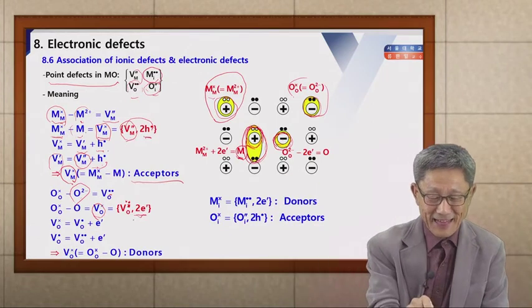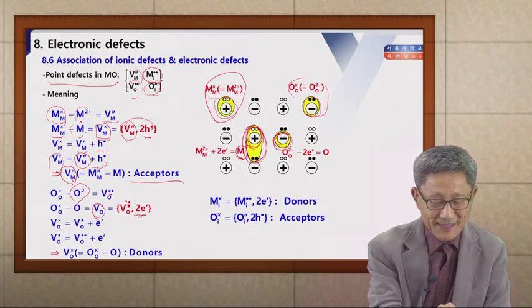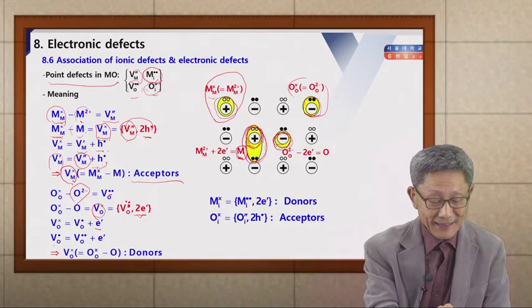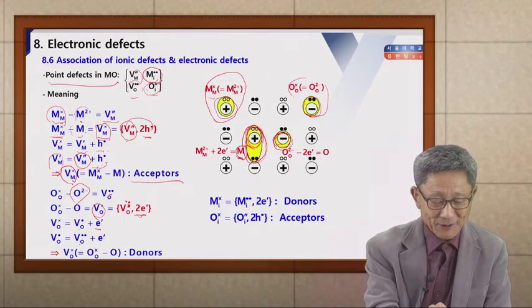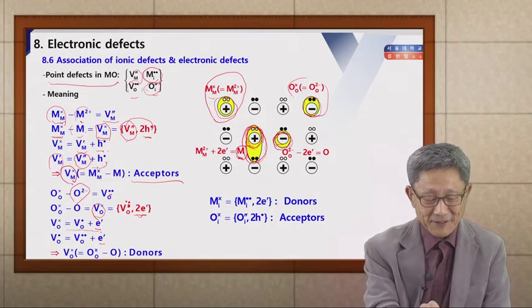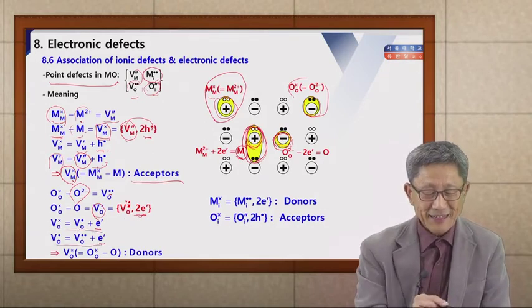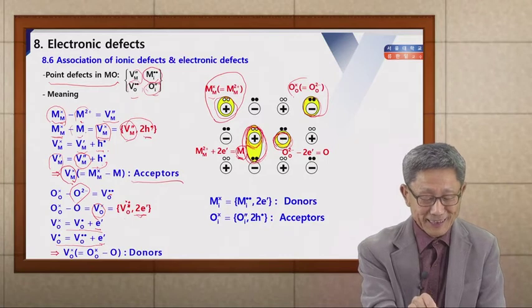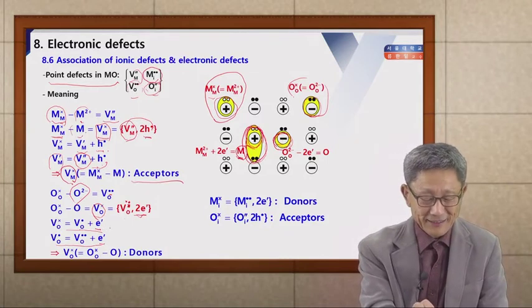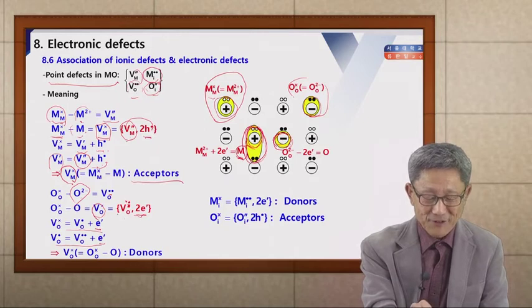Now, this neutral oxygen vacancy gives up 1 electron. And then this one, again, donates the last electron. So this is called the first ionization, and this is the second ionization. Again, you need to supply the energy to detach electrons from this entity.